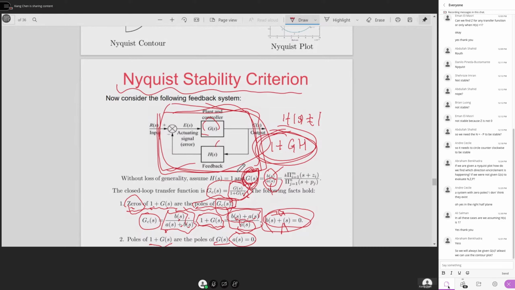You see what I mean? Do not just remember that you have to be given G of s, otherwise you cannot do anything. It depends on the information that you are given. If I give you the Nyquist plot information and ask you to deduce G of s, you're not going to say you don't know how to do it.